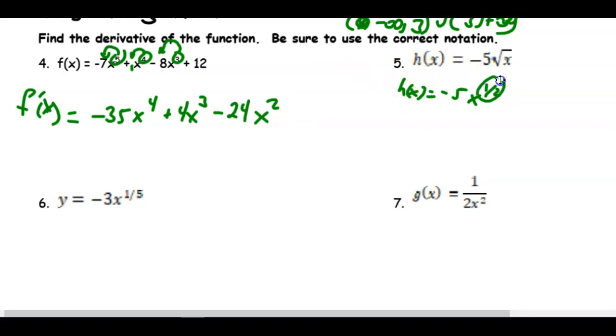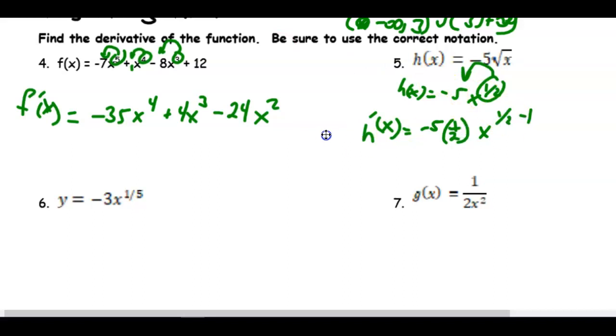We're going to multiply this 1/2 by this negative 5. So that gives us h prime of x, or the derivative with respect to x, is going to be negative 5, let me write this out so y'all can see it, times 1/2. And then we need x to the 1/2 minus 1. It's the same thing we did over here. I'm just writing this out so you can see it. My apologies, 1/2 minus 1.